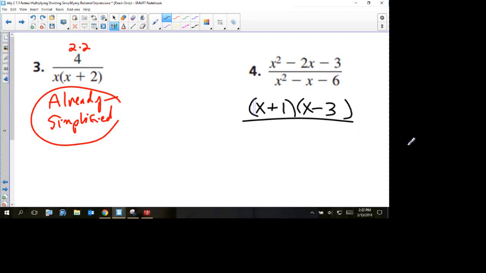Okay, good. All right, do the other one. Factor the denominator. If you're understanding the order, you can slightly work a little bit ahead.